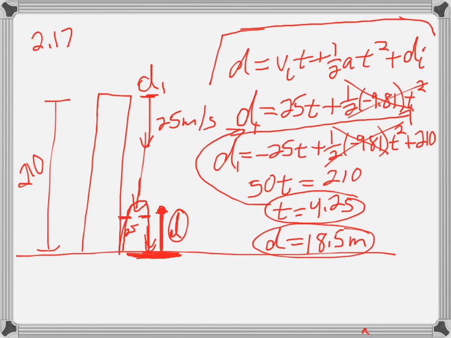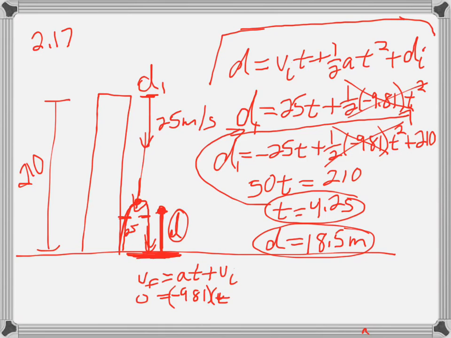We could figure out how much time it took to go all the way up here to the top. That'd be pretty easy, because VF at the top, we could use VF equals AT plus VI, and VF up here at the top would be 0 equals a negative 9.81 times our time, which we don't know.